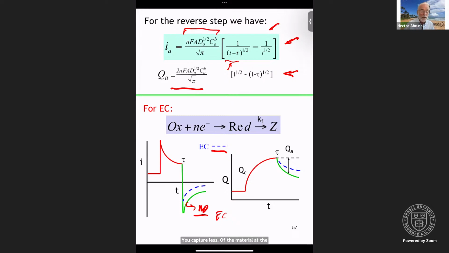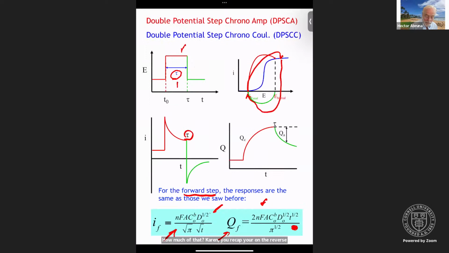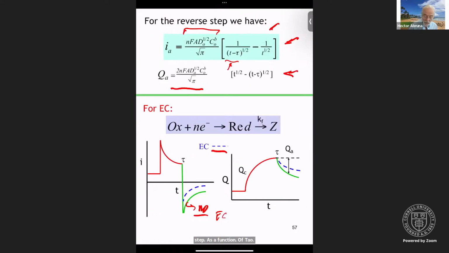This is equivalent to the collection efficiency in ring disc experiments, and it's conceptually very similar. And so by following how much of that current you recapture on the reverse step as a function of tau, you can actually get reasonably good kinetics for this process.